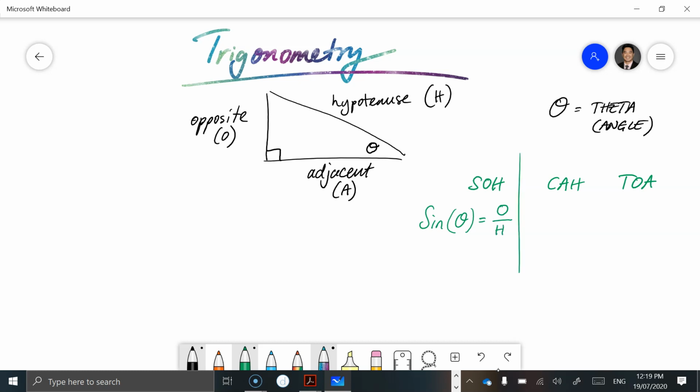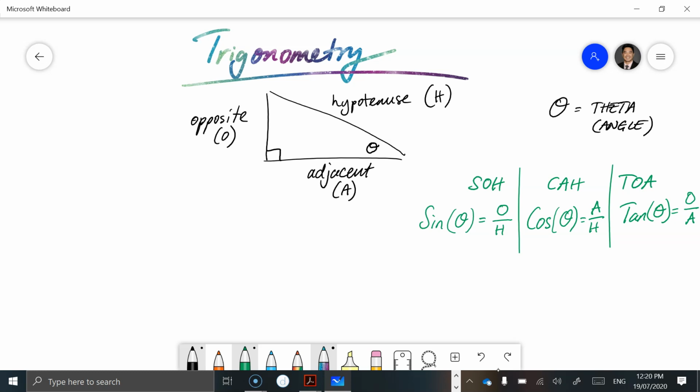Okay, cosine of theta is equal to the adjacent divided by the hypotenuse. And then lastly, tan of theta is equal to the opposite divided by the adjacent. So there's 3 extra formulas that I want you to be familiar with.